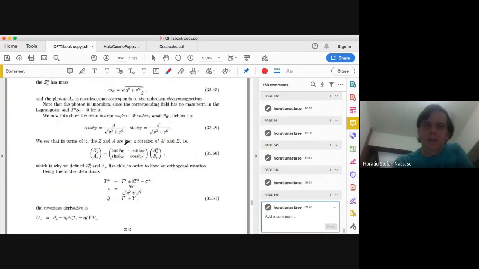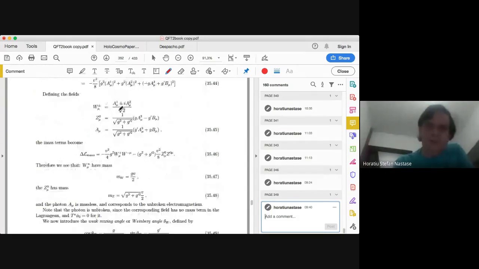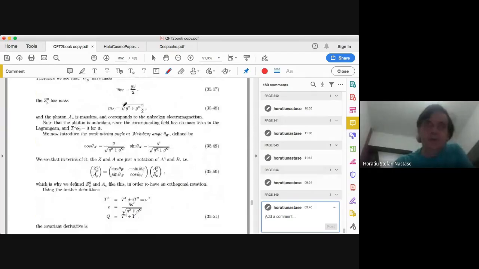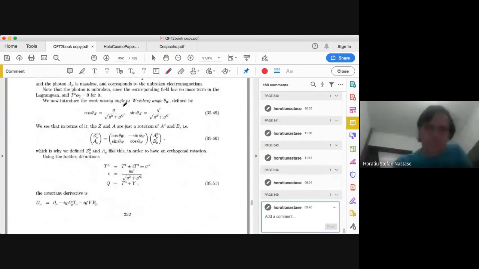The same way as this was also a rotation. We also do the redefinitions, T plus minus being T1 plus minus i T2, which is equal to sigma plus minus, the Pauli matrices sigma plus minus, corresponding to creation and annihilation.